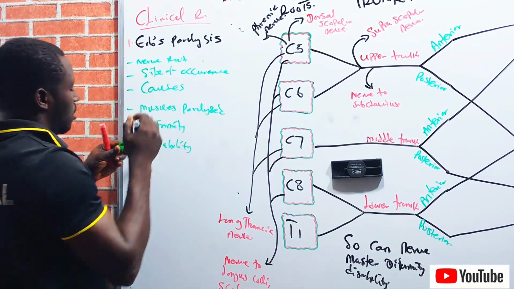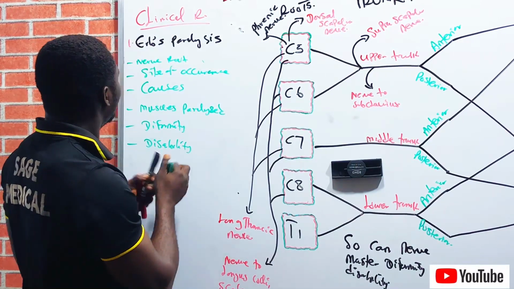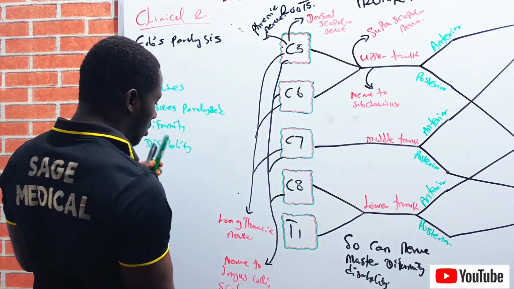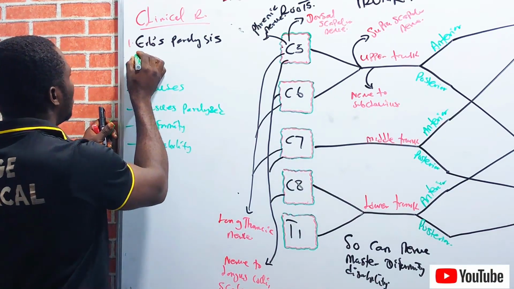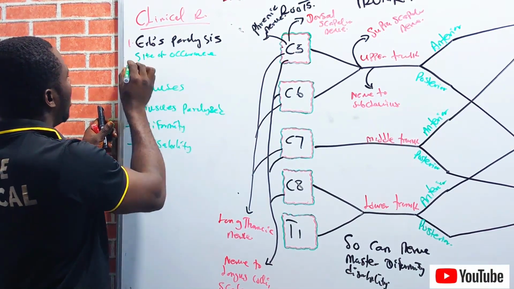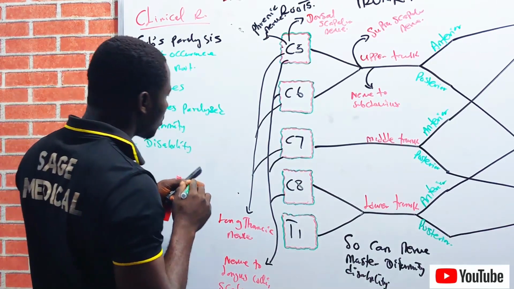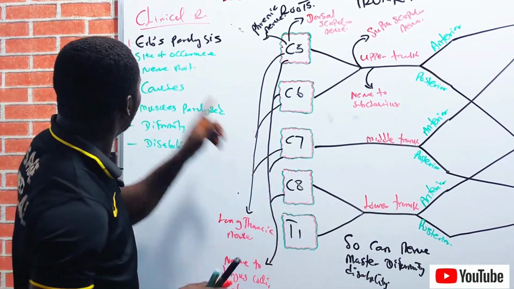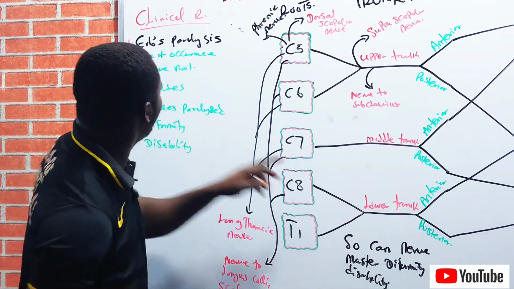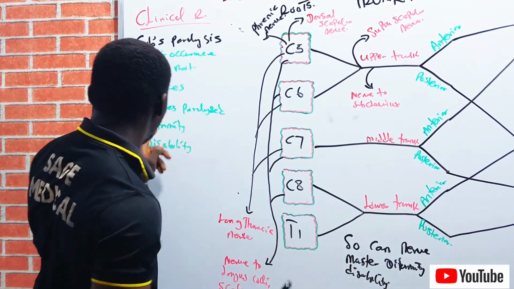So, can: S is for site of occurrence, can is for causes, nerve is for nerve root, master is for muscles paralyzed, deformity and disability.